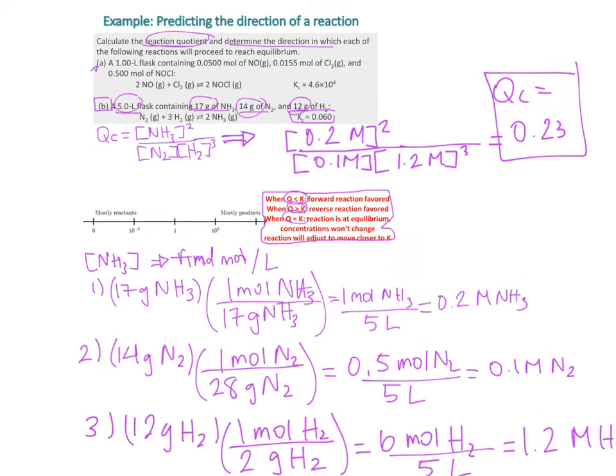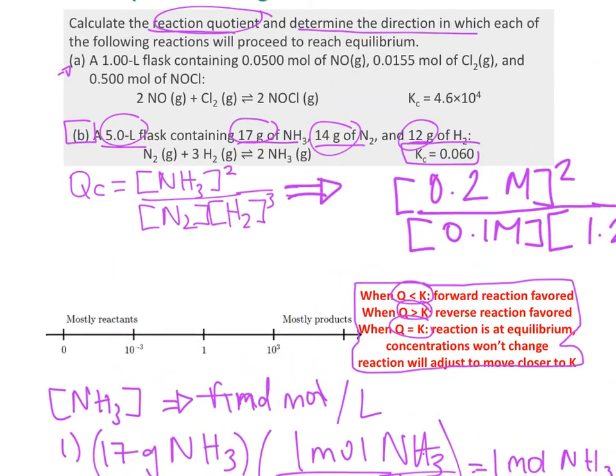Okay, so now let's go back. So we know that QC equals 0.23. We also know that our K, and it's right here, is equal to 0.060. So right off the bat, we don't really need our number line here because it's not a big number or a small number, so it won't really get us confused.